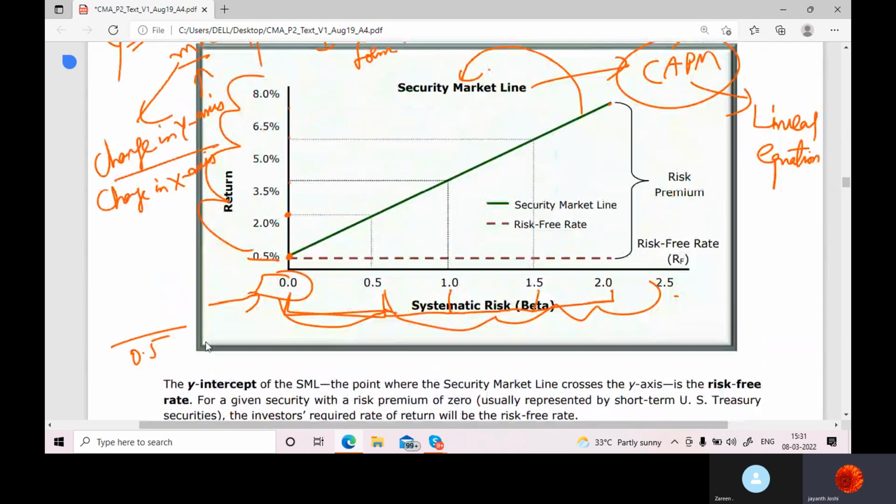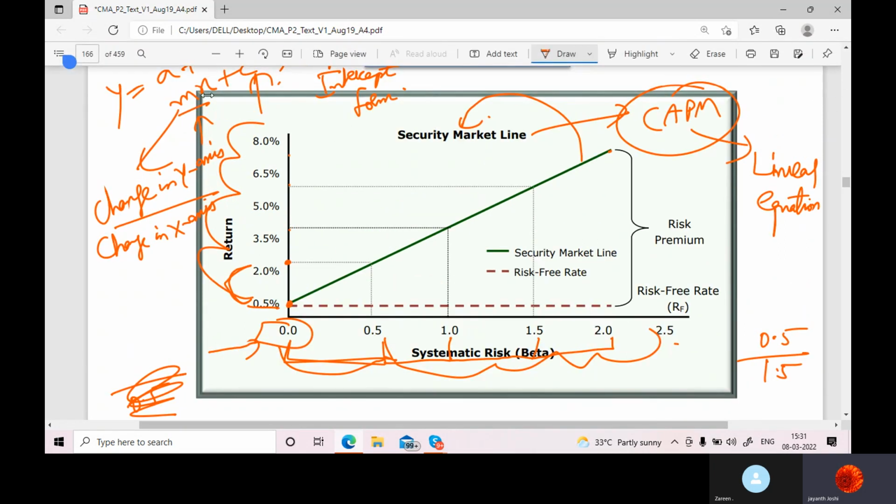Change in y axis we can take in the numerator, and change in x axis from here to here. Then you can see the change, which I think is like 1.5. So that is m, the slope.